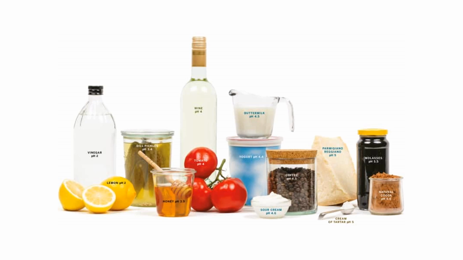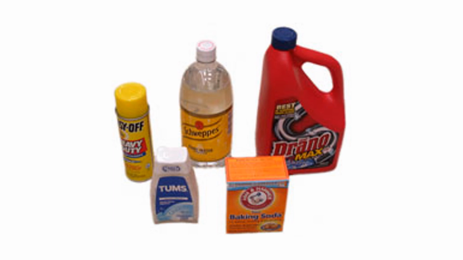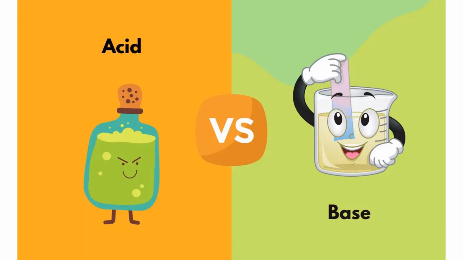You have even seen things like detergents and cleaners. But do you know what makes something more acidic or basic? Or do you know which of the products you are using are basic and which are acidic? So in this lecture, we're going to learn what acids and bases are. So, let's start with the acids.